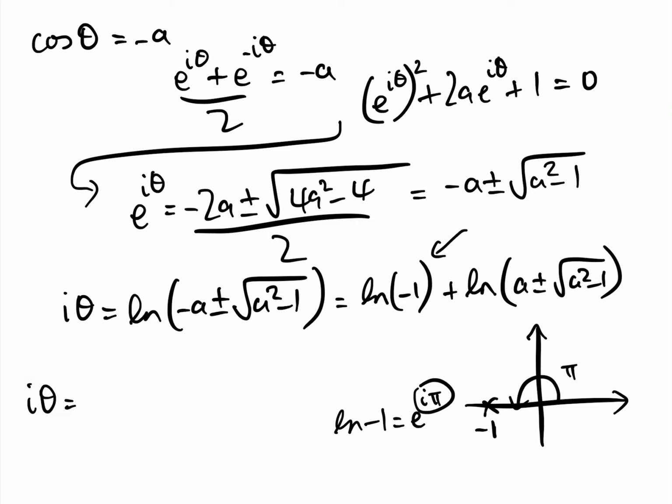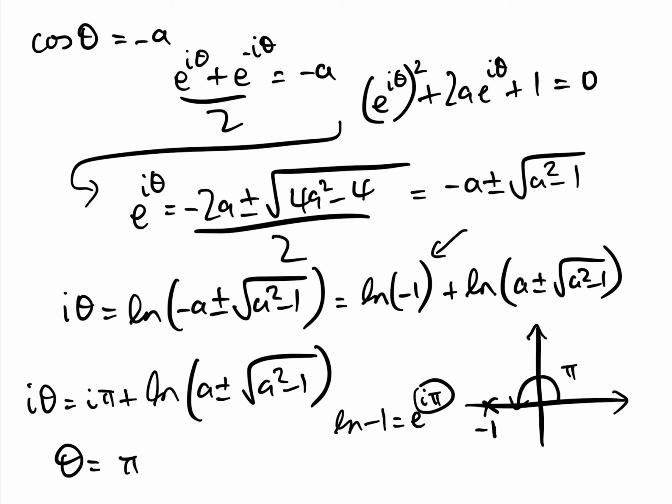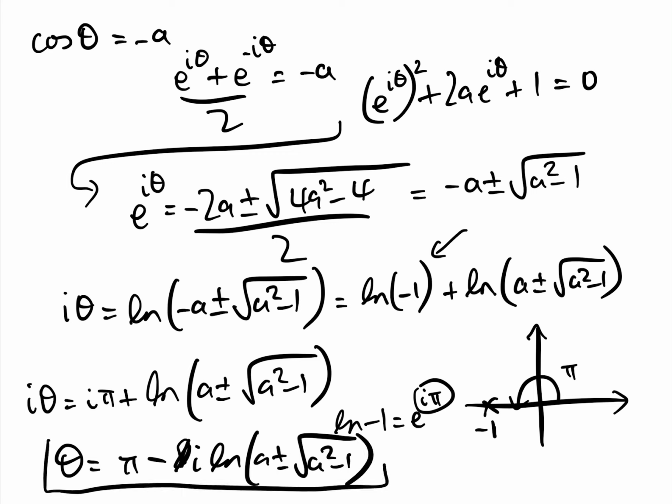So we can write i theta equals i pi add log a plus or minus root a squared minus 1, and again dividing by i, we get that theta equals pi minus i log a plus or minus root a squared minus 1. And that is the answer for cos theta equals minus a. And you can see that, again, we have our two solutions here.